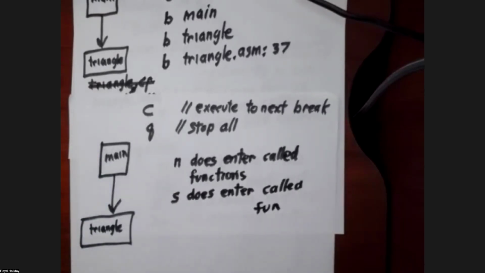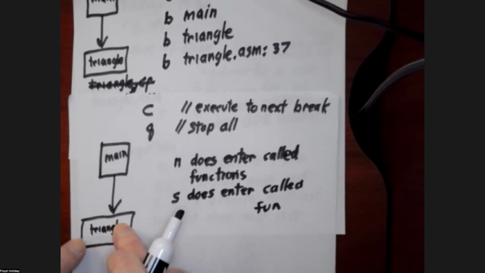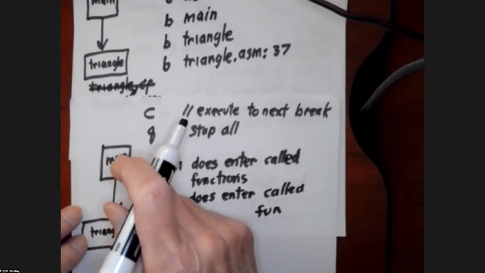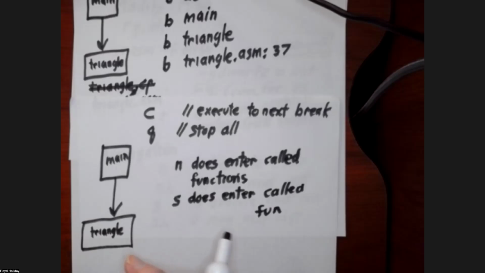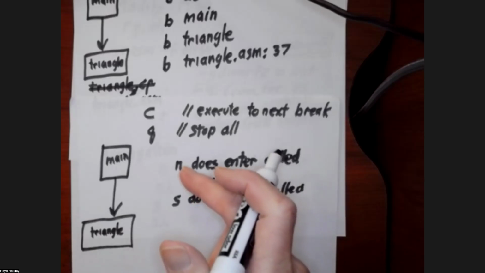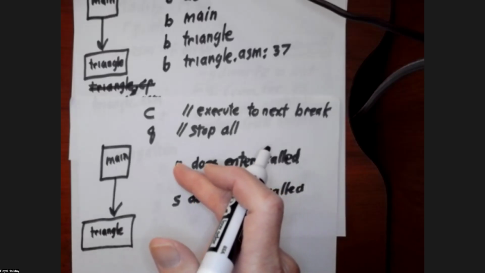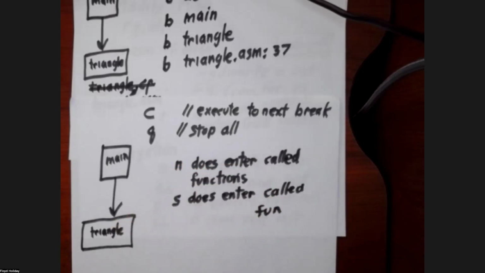Okay, so if you're sure there's no bugs in triangle, but you're getting seg faults somewhere else, you probably don't want to debug something that's known to be good. So you would just pass by pressing N. N executes the call function, but it doesn't step you into it so you can walk through it line by line.